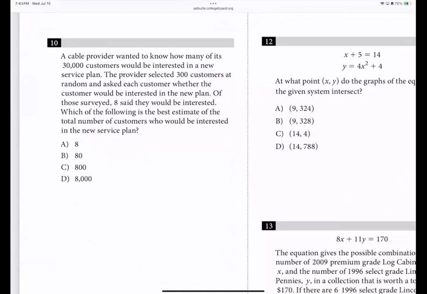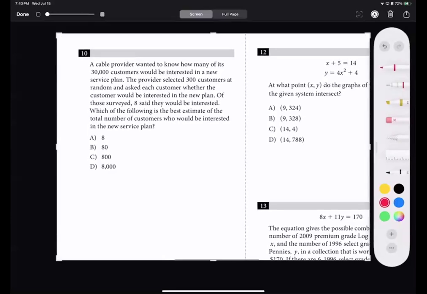C. A cable provider wanted to know how many of its 30,000 customers would be interested in a new service plan. The provider selected 300 customers at random and asked each customer whether they would be interested in the new plan. Of those surveyed, 8 said they would be interested. Which of the following is the best estimate for the total number of customers who would be interested in the new service plan?